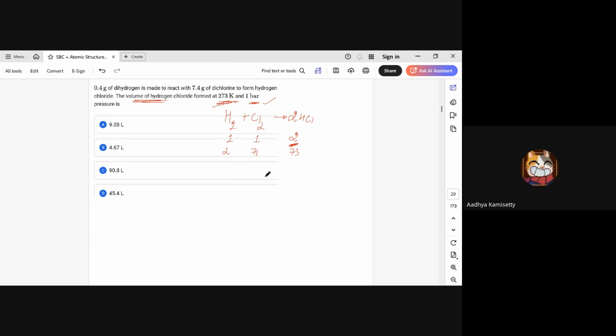Chlorine. Yes, chlorine will be the limiting reagent, and the excess reagent will be hydrogen. Yes, hydrogen.